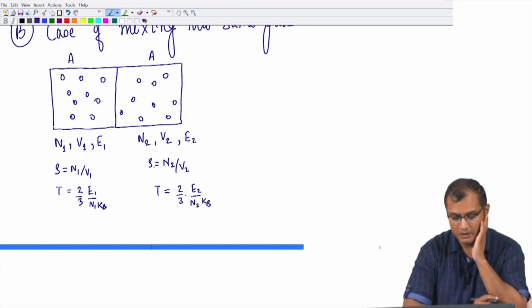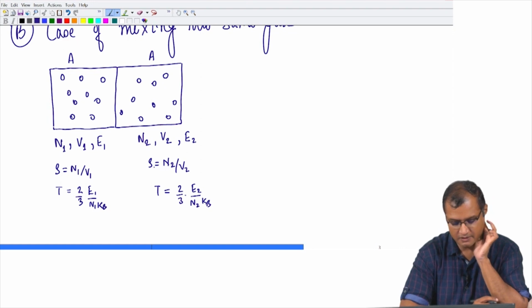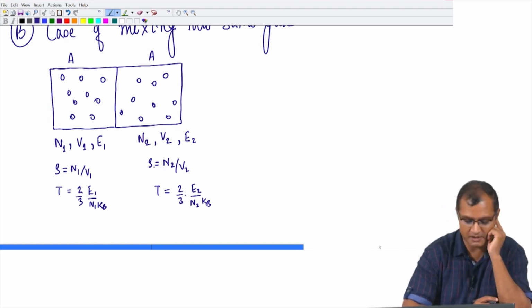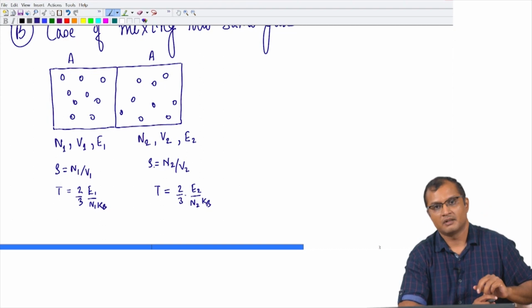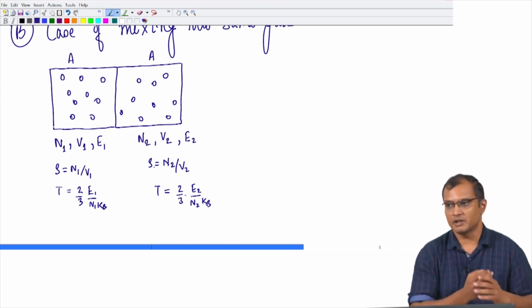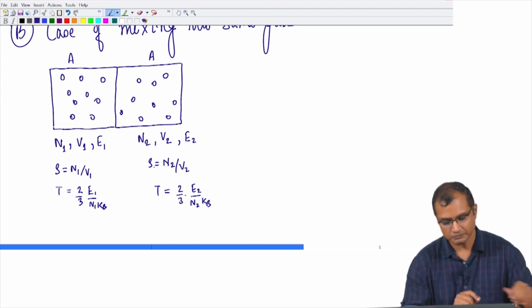So, in some sense keeping same temperature on both sides means the energy density is same, E1 by N1 is the same as E2 by N2 on the other side.